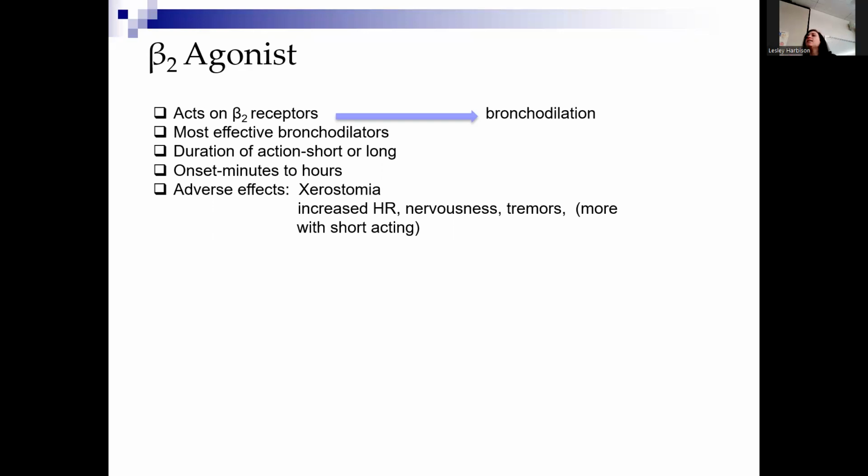Then, of course, we have adverse effects of xerostomia, increased heart rate or contractility of the heart, nervousness, and tremors, and that can be more with the short acting. They just have to adjust different types of medications if somebody has a lot of side effects.